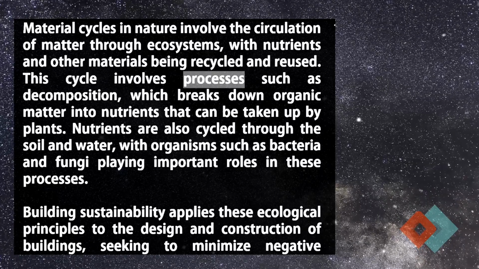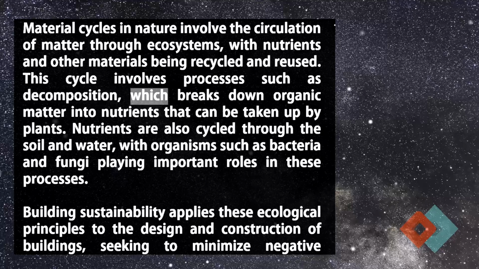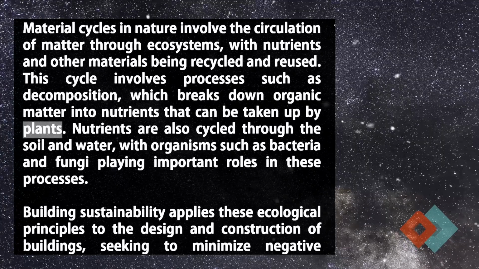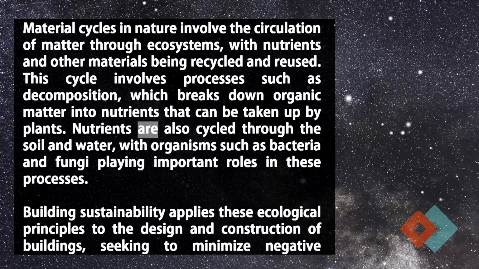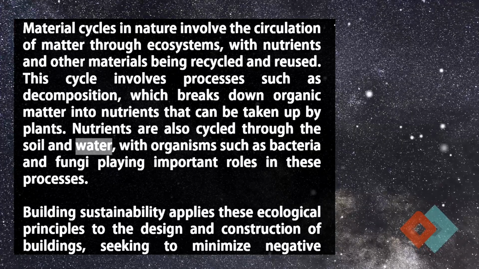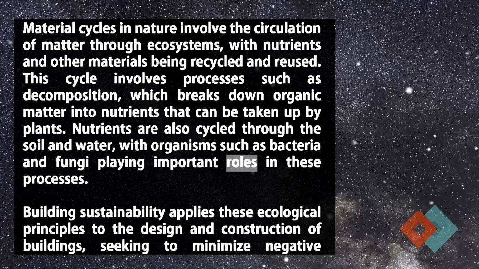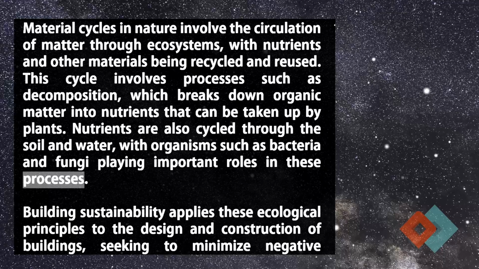This cycle involves processes such as decomposition, which breaks down organic matter into nutrients that can be taken up by plants. Nutrients are also cycled through the soil and water, with organisms such as bacteria and fungi playing important roles in these processes.